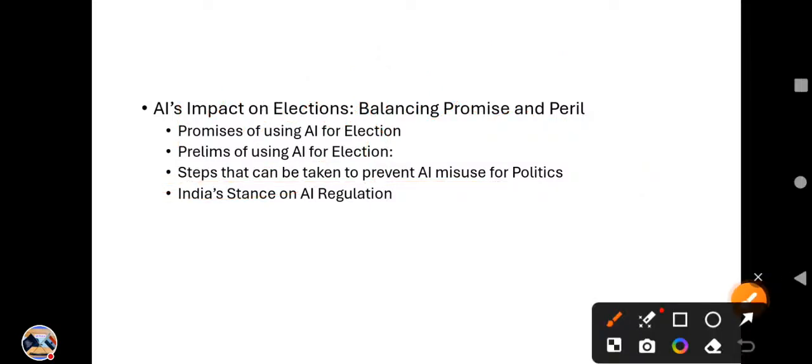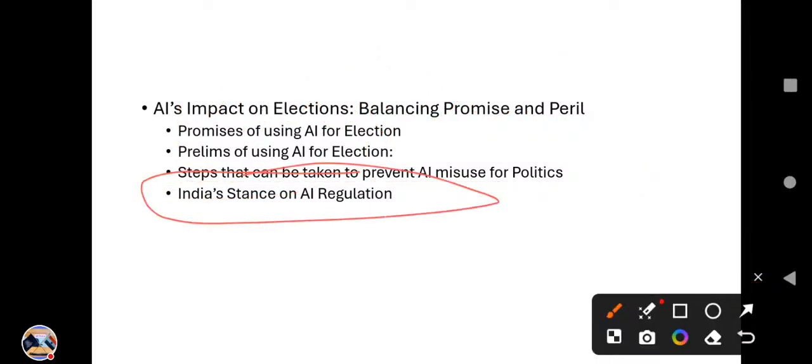Okay, and next you can see India's stance on artificial intelligence regulation. India aims to develop sovereign AI and AI computing infrastructure. Sovereign AI means that the Indian AI system cannot be interfered with by others. Okay, and it will also focus on real life applications in healthcare, agriculture, governance, language translation, etc., to catalyze economic development.